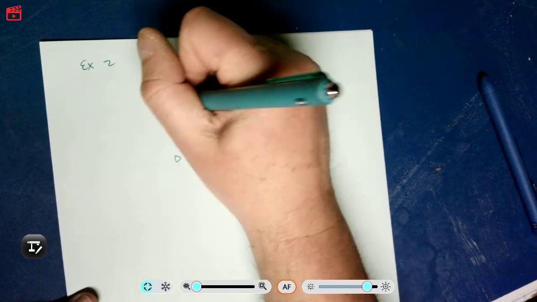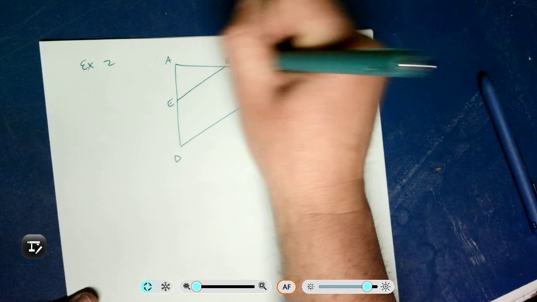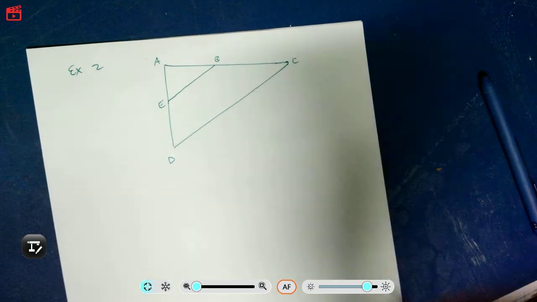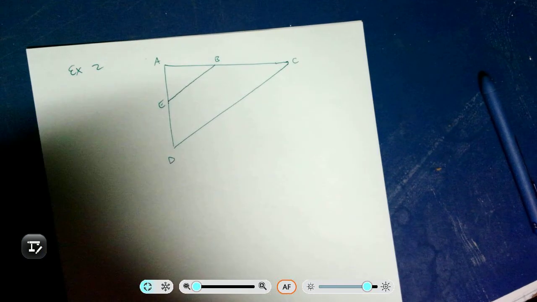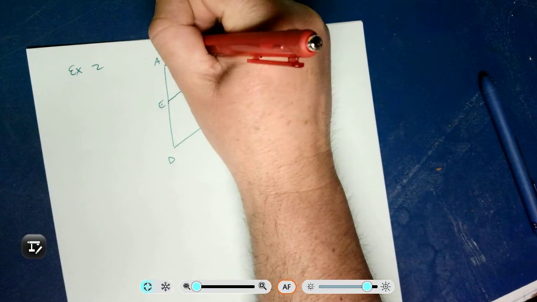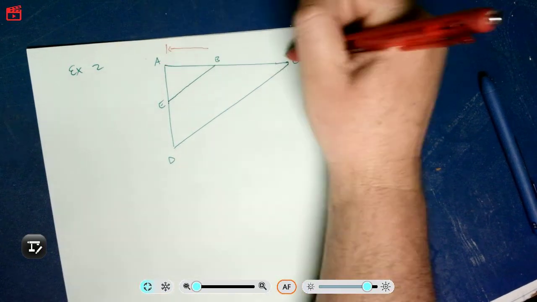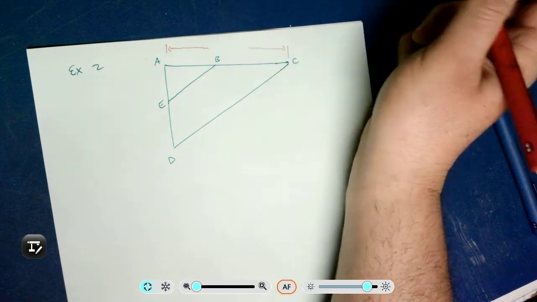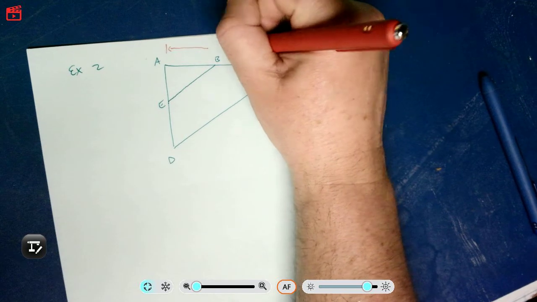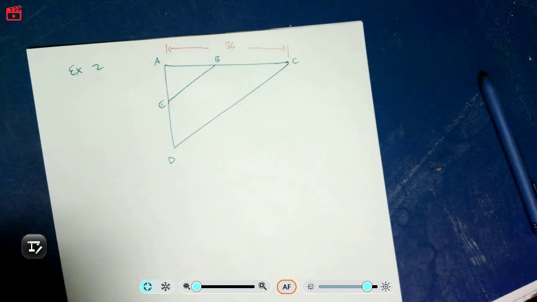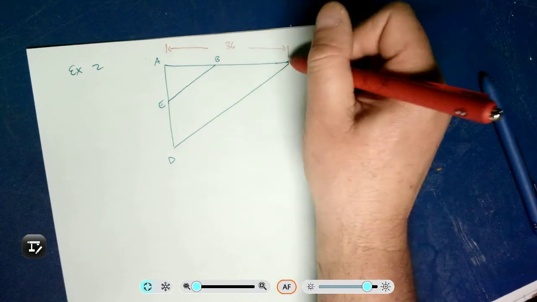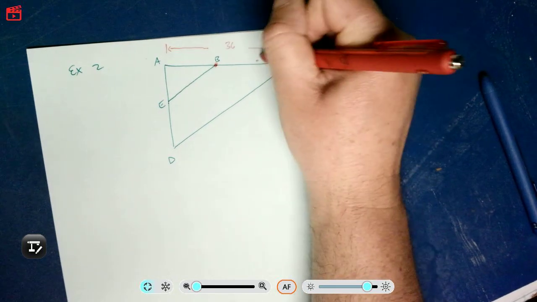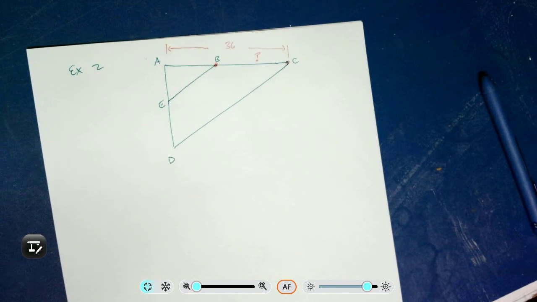And I'm going to call these points E and B. Now, the total length from side A to side C, we'll say, is 36 units long. And from B to C is unknown length.